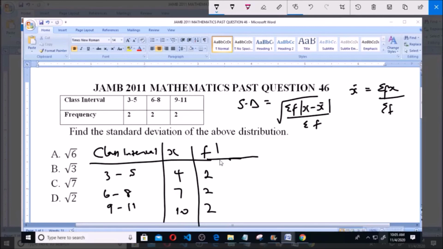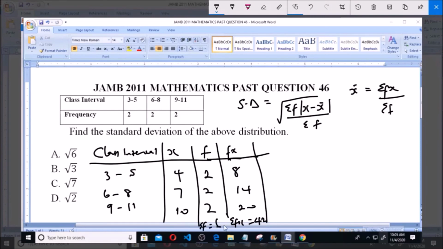Now fx is the class mark multiplied by the frequency. So 4 times 2 gives us 8, 7 times 2 gives us 14, and 10 times 2 gives us 20. So summation fx is equal to 42, and summation f is equal to 6.